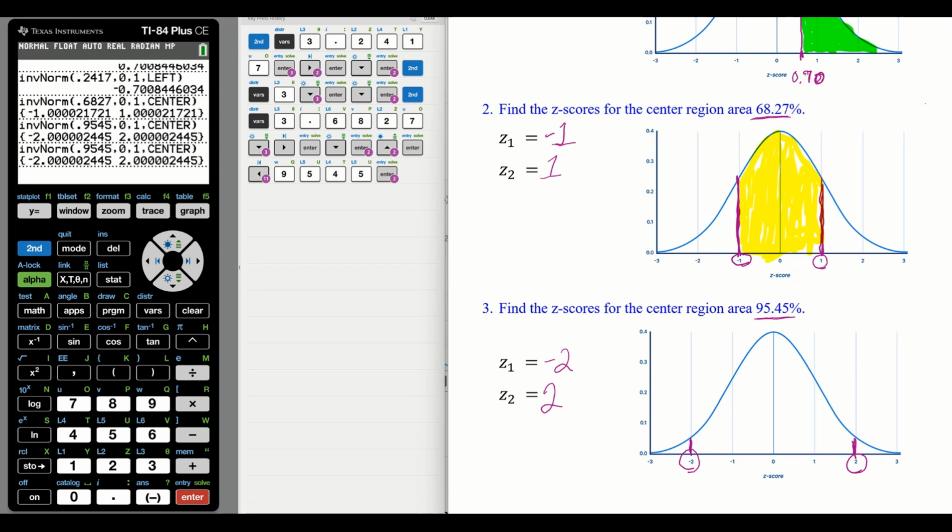So if you remember, your instructor taught you that as our z-scores go out from the center, that's going to be a larger percentage of our normal distribution. And that's basically the point I'm making here. But I'm giving you a refresher on how to obtain these things in our calculator.